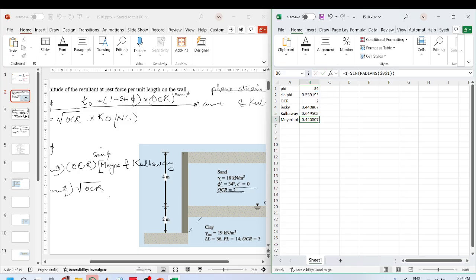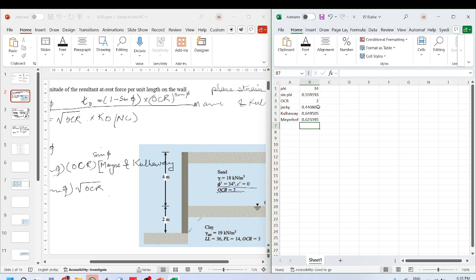And this will be 1 minus sine phi into square root of OCR.